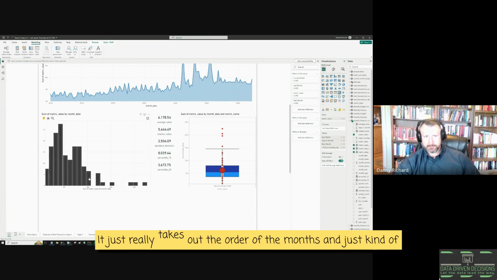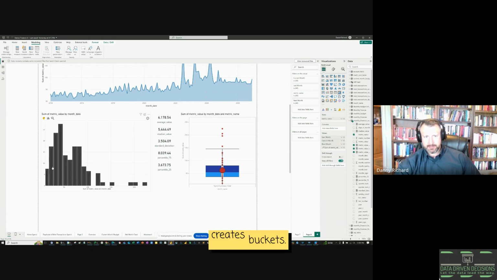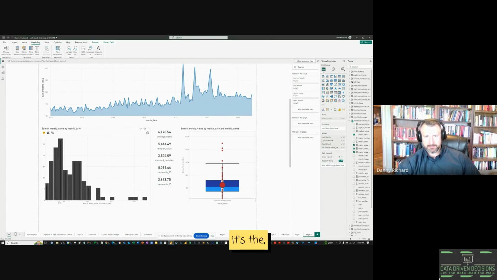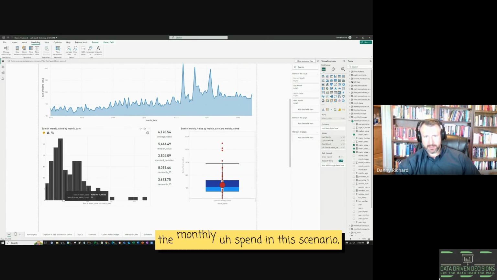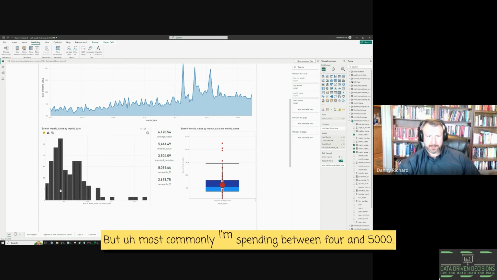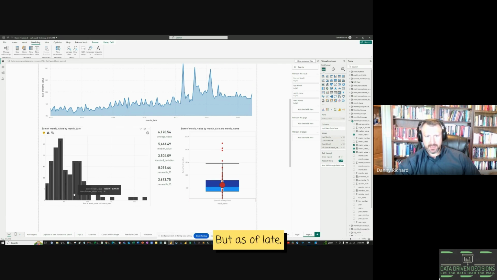It just really takes out the order of the months and creates buckets. This x-axis is really just a span of buckets. It's the monthly spend in this scenario. The most I've spent was between 22 and 23,000, but most commonly I'm spending between 4 and 5,000. But as of late, it's more like 7 to 9,000.